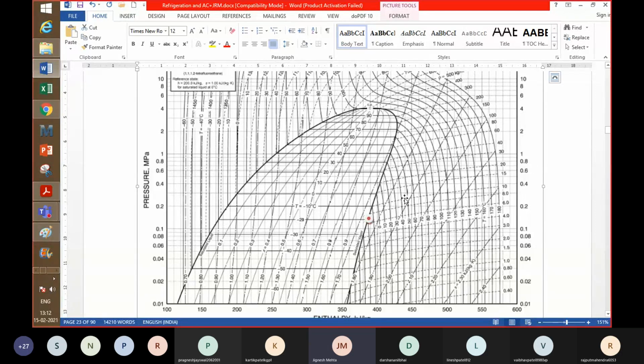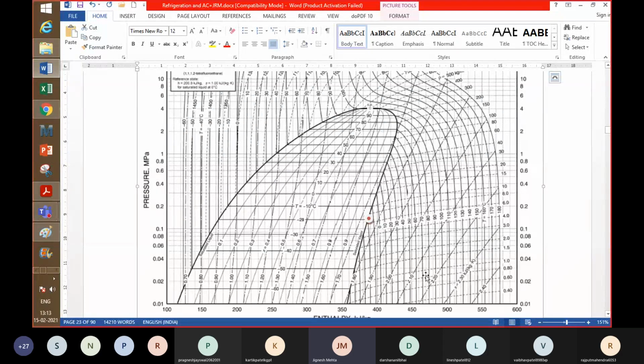Okay. Now the vapor is getting compressed. Now that process is isentropic as per the standard vapor compression refrigeration cycle. The compression is isentropic. Now where are the constant entropy lines on this chart? These are the constant entropy lines, 1.6, 1.7, 1.8, right? You can see S equal to 2.3 kilojoule per kg Kelvin.